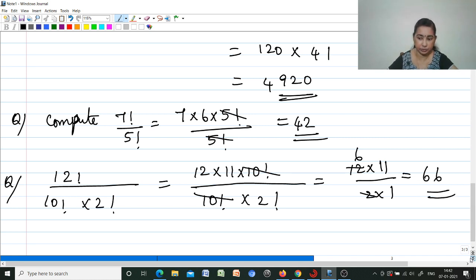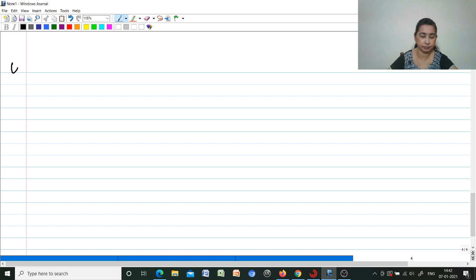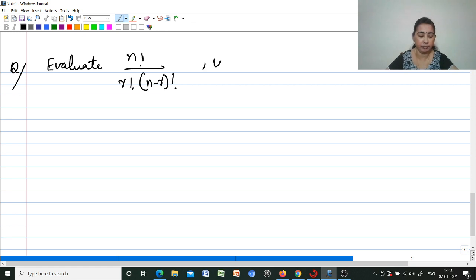Now next one, evaluate n factorial by r factorial into n minus r factorial when n is equal to 5 and r is equal to 2. So instead of n we have to give 5 and instead of r we have to give 2.